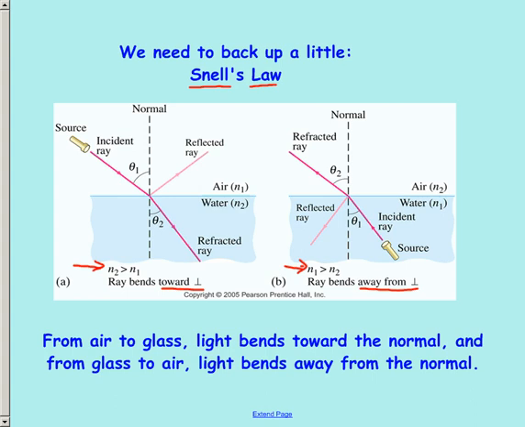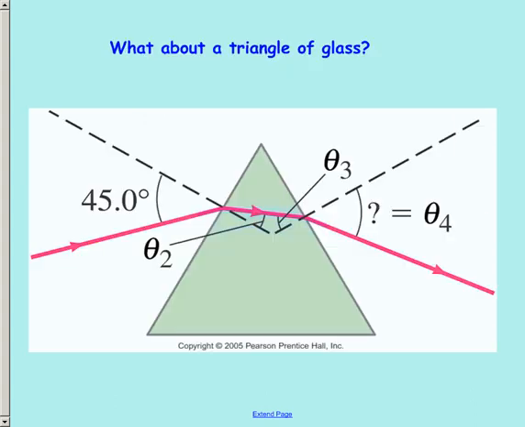All right. So to get started with the lens thing, let's imagine we have a triangle of glass. And the beam of light starting on the left is coming in and hits the glass at a 45-degree angle to the normal, just like it's labeled here. What do we know about theta 2?